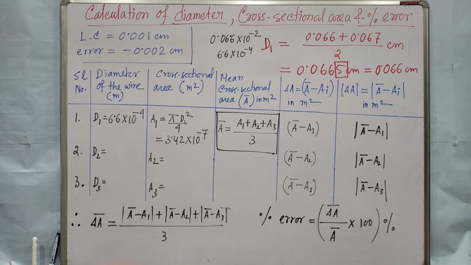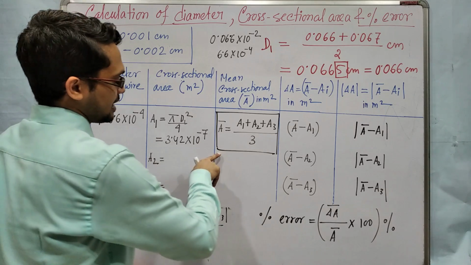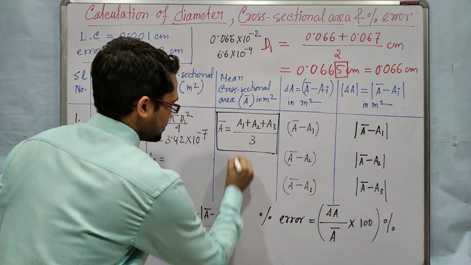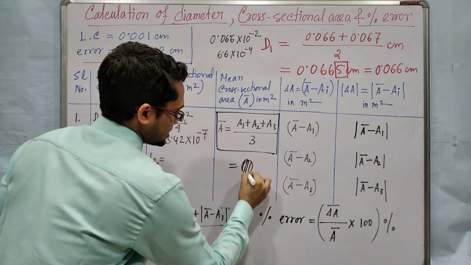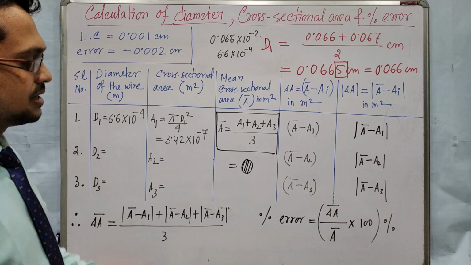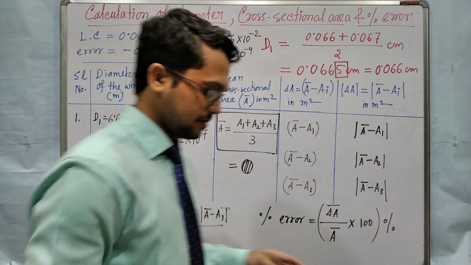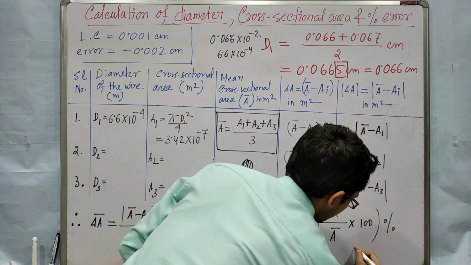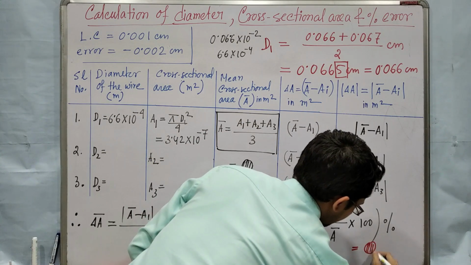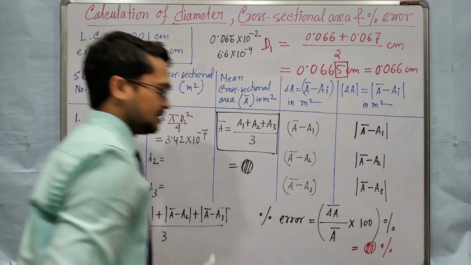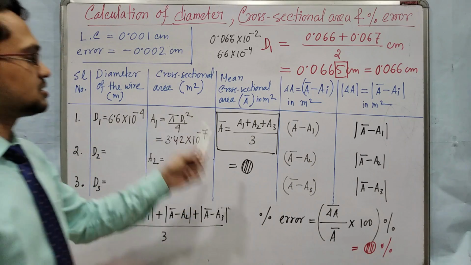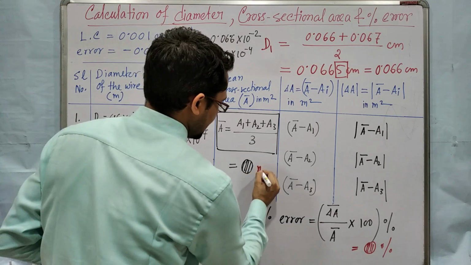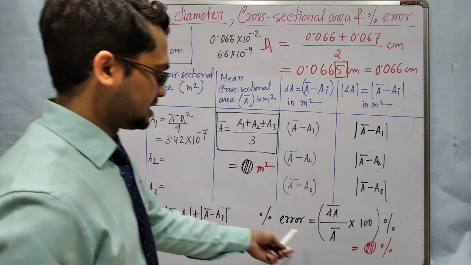So this is the calculation. At the end we will write that the cross sectional area of the wire is this much, with a percentage error of whatever value you get after calculation. So the answer is the cross sectional area of the wire is this much meter square with this much percentage error.